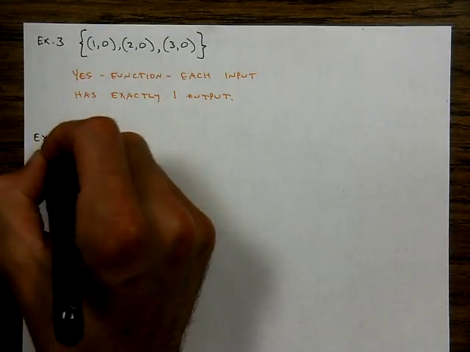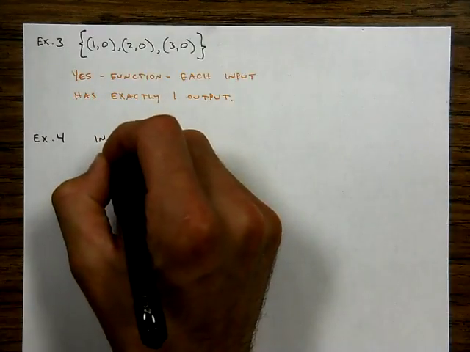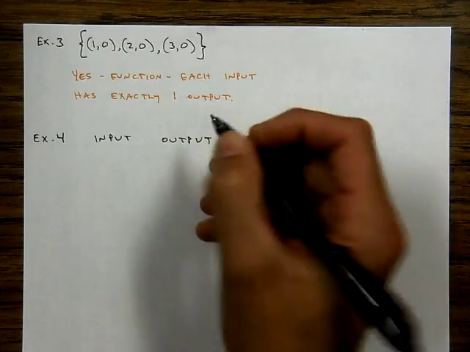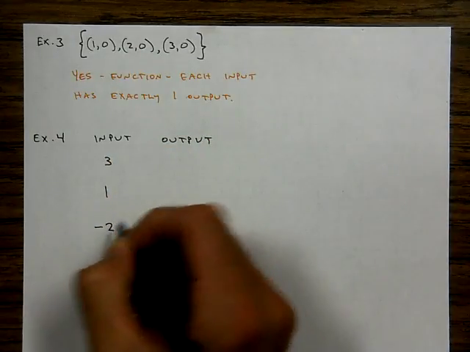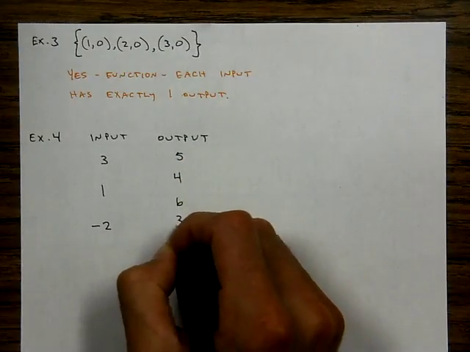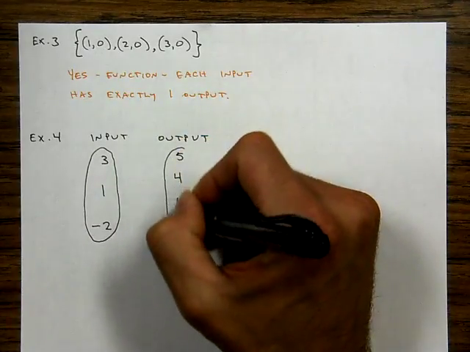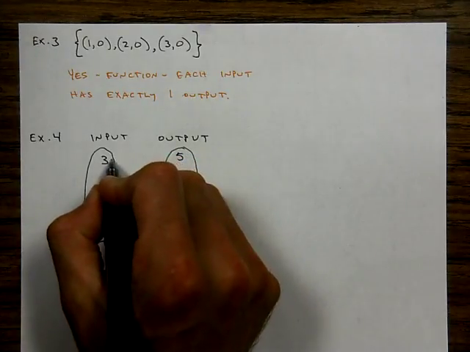A third way to represent a relation would be something called a mapping. It's similar to a table. So there's my inputs and outputs. And then in order to know which input goes with which output, what I actually use is arrows.